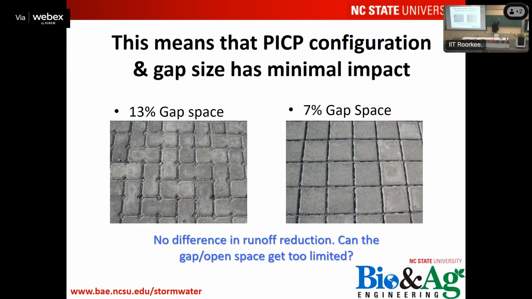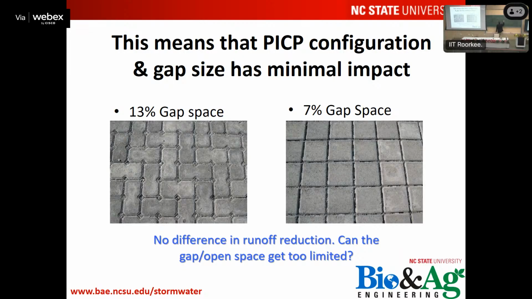In America, we put commas to separate groups of 3. 10,000 millimeters per hour. 0 millimeters per hour. Pavement type on the left, it's 13% gap.